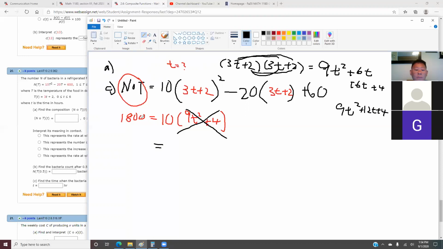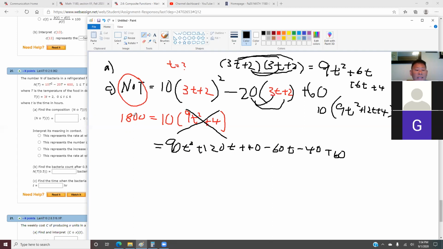And then you need to multiply this whole thing by 10 because you've got a 10 in front. So you distribute 10 here, and you will get 90t squared plus 120t plus 40. And then you need to distribute your 20 over here to get negative 60t minus 40 plus 60 here.